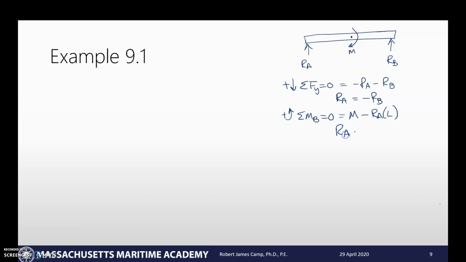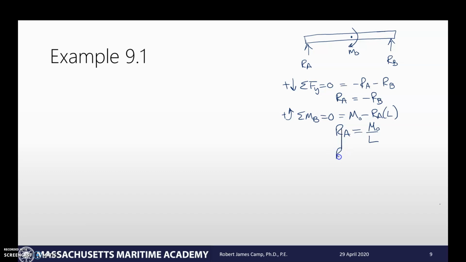So RA is going to be the moment divided by L. And let's actually call this MO, so the moment about point O, just to distinguish it from that moment that we're going to put together when we draw shear and moment diagrams.